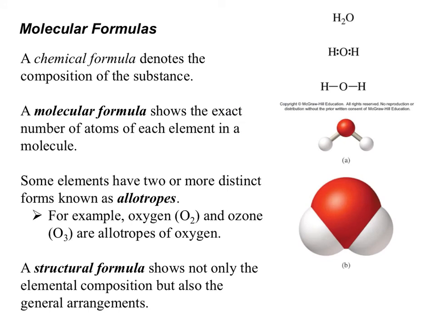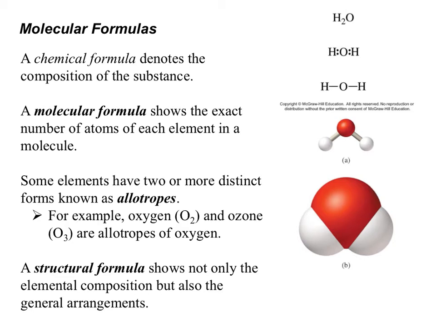Molecular formulas. A chemical formula denotes the composition of the substance. A molecular formula shows the exact number of atoms of each element in a molecule. Some elements have two or more distinct forms known as allotropes. For example, oxygen, O2, and ozone, O3, are allotropes of oxygen.